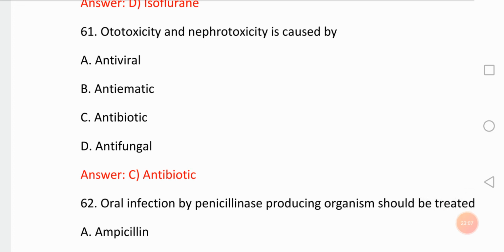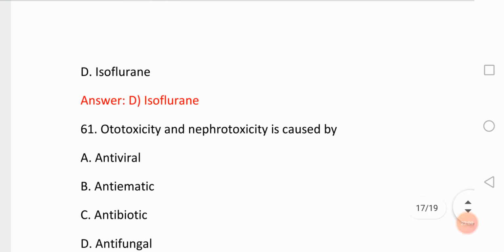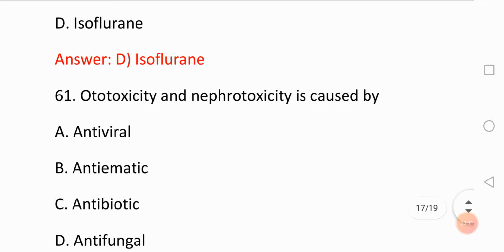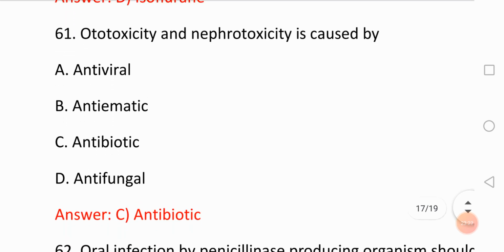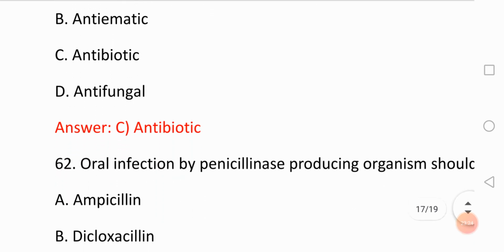61. Ototoxicity and nephrotoxicity is caused by A. antiviral drug, B. antiemetic, C. antibiotic, and D. antifungal. And the answer is C part, antibiotic. 62.